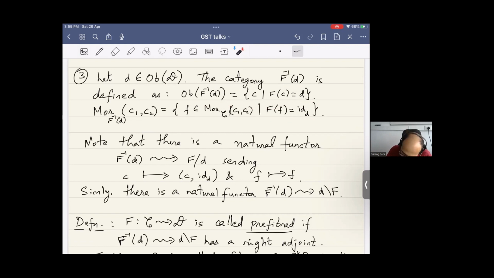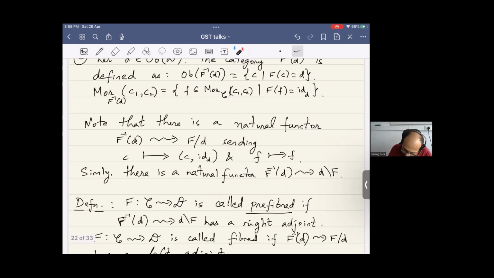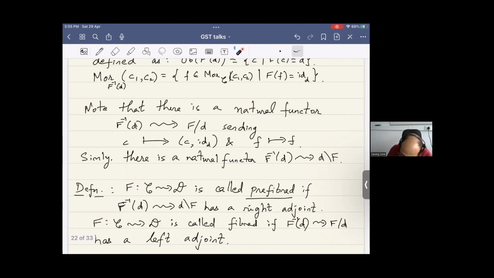So this is a category in its own right. And it has something to do with the category of things ending in D. Namely, there is a map. What is the map? It takes the object C to the pair C and then identity of D. So why does this make sense?